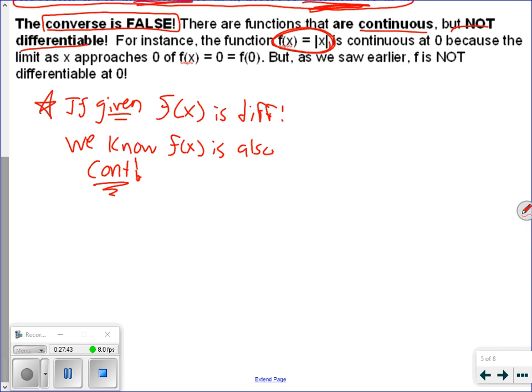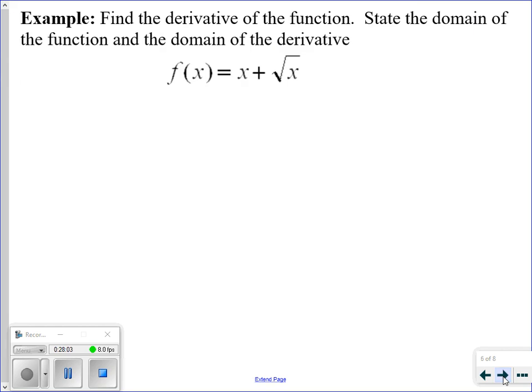But again, just because a function is continuous doesn't mean that it's necessarily differentiable. This is going to be a reason we use later on down the road. I'm at 28 minutes. That's not enough time for us to go into this last example here, so we're going to save this for notes in class.